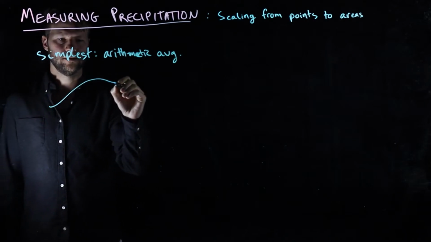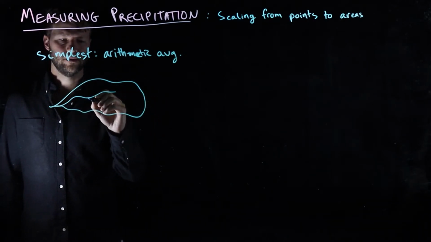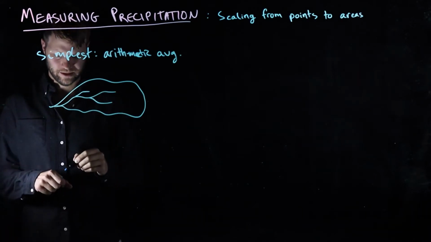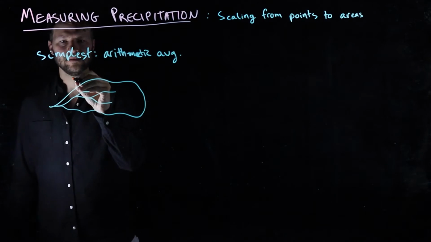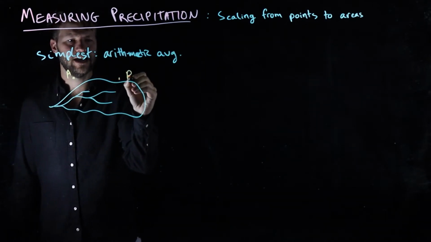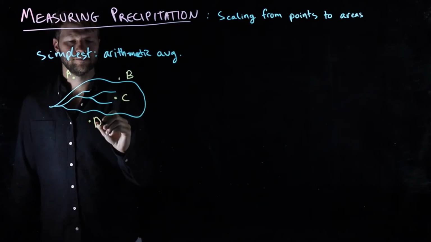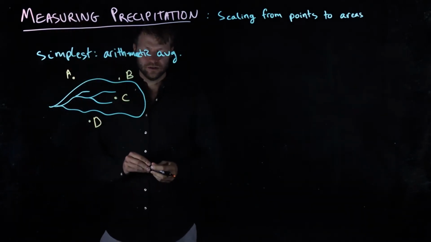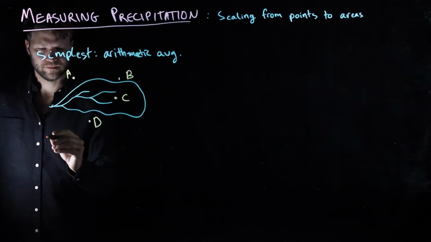Consider some catchment that we're looking at from above, and it has some drainage network in it. This is the catchment that we're interested in. And let's say that there's a bunch of precipitation gauges that are kind of scattered about randomly here. So the easiest possible way is to say, well, these are the closest gauges.